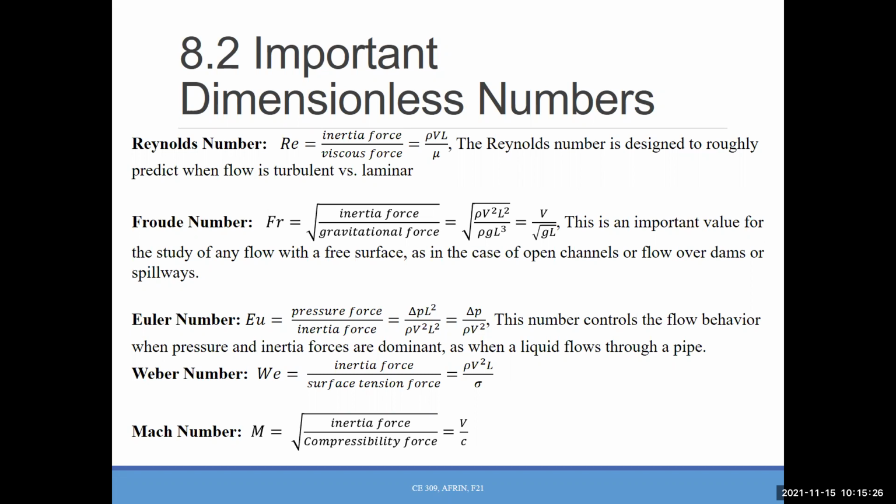And maybe you have heard the words supersonic flow or subsonic flow. So the Mach number is the one which decides whether the flow is supersonic or subsonic. Okay. So for this course, most of the time you will see the Reynolds number, Froude number, and the Euler number, because we are not doing anything with surface tension, and we will do a very limited number of things on compressible fluid also.